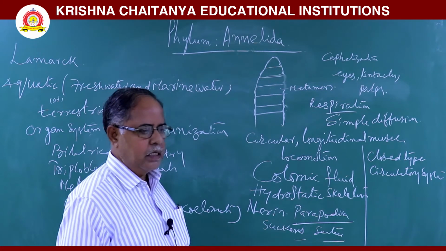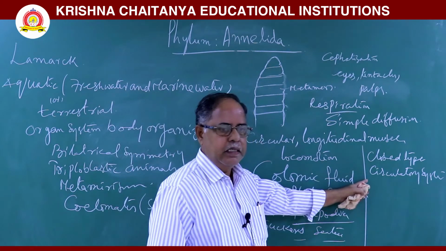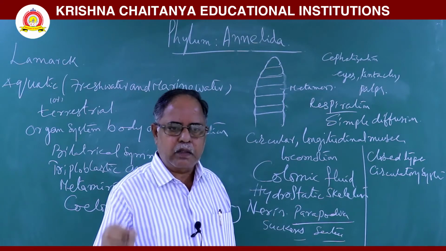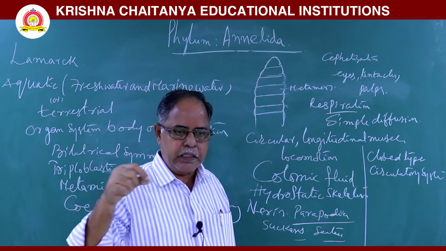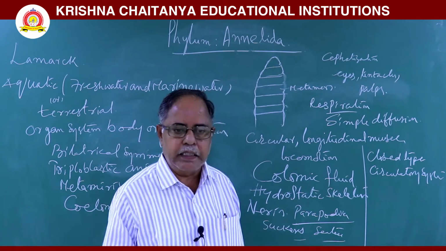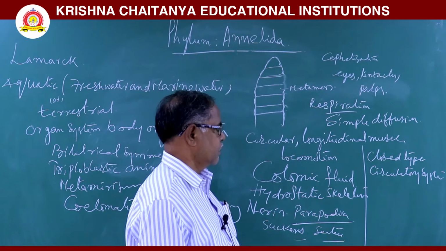That is about the circulatory system: a closed type. The respiratory pigment is hemoglobin or chlorocruorin, dissolved in the plasma. That is a unique character of these invertebrates.